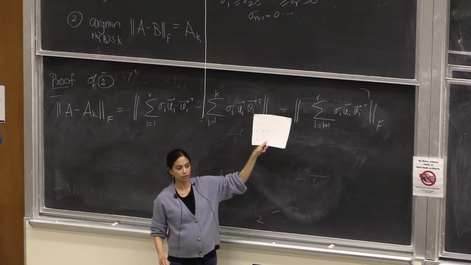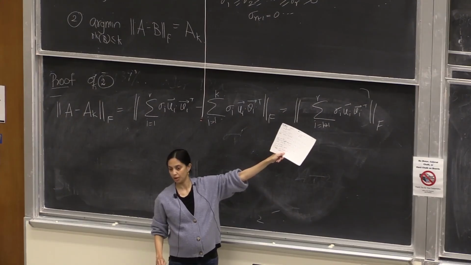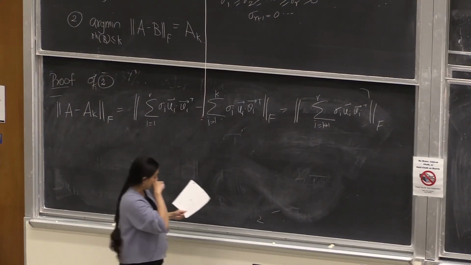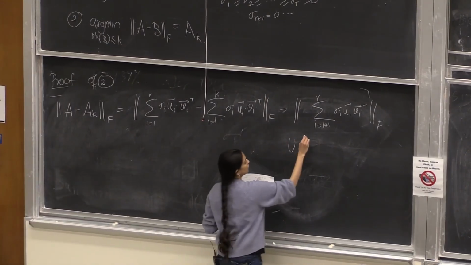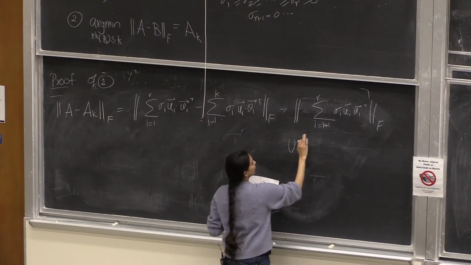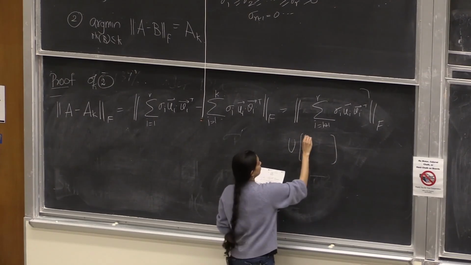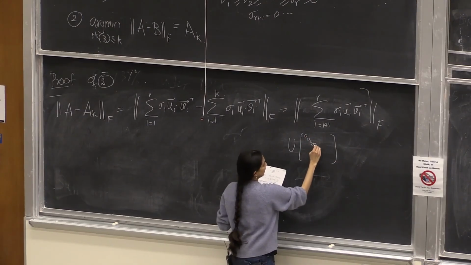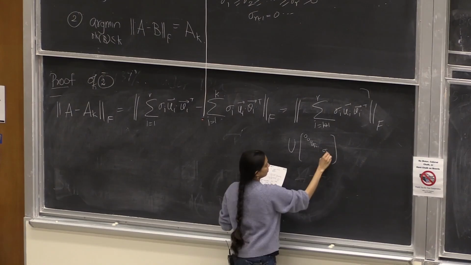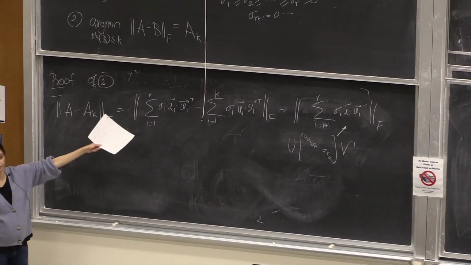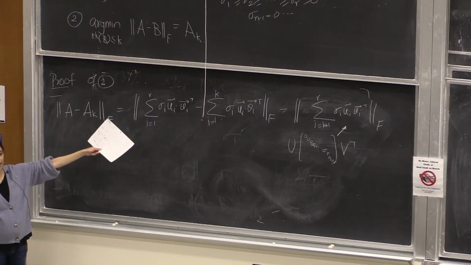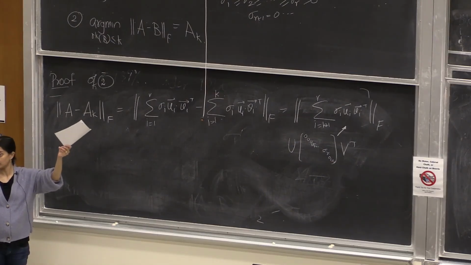It's basically U times a diagonal matrix times V transpose. So this is U times a thing with 0, 0, 0, and then sigma_{k+1} all the way up to sigma_r, 0, 0, 0, and then V transpose. That is what this is, right? Because I basically removed the top k singular values. So what's left is only k plus 1 to r, right?